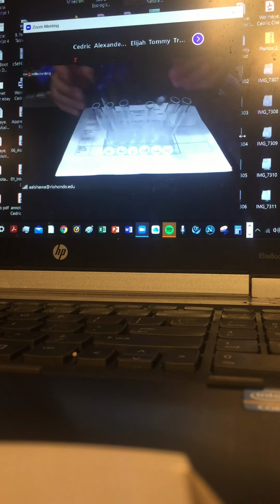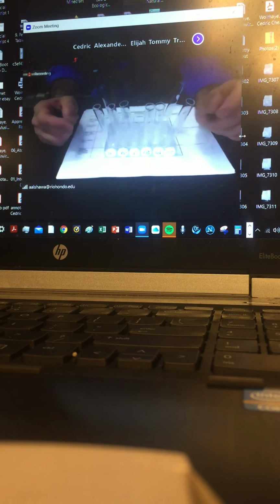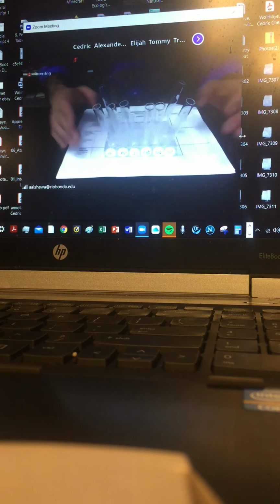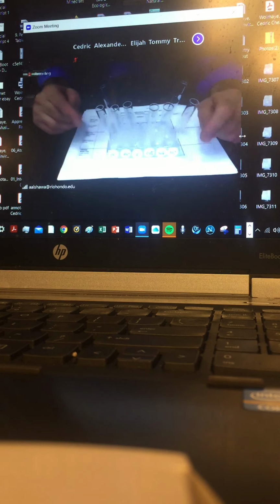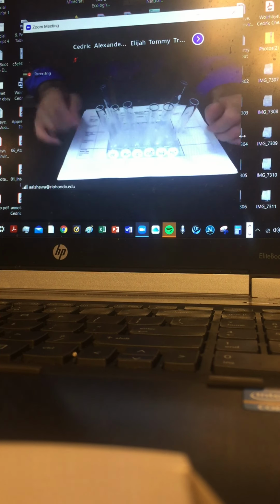So I have unknown 1 and unknown 2 on this side. All right, so the next is we want to perform the test which is specifically for the polyatomic ion SO4 2-. It is positive for the sulfate.